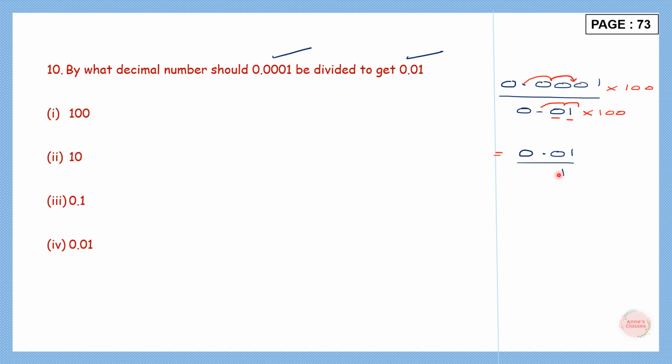When I divide this 0.01 by 1, what is my answer? My answer is simply 0.01. Anything you divide by 1, you get back the same number. So here, when you divide this by 0.01, you will get your answer as 0.01. So here, which is our answer? 0.01 is the fourth one. I hope you understood this, children. Do it carefully. You will be able to get your answer.